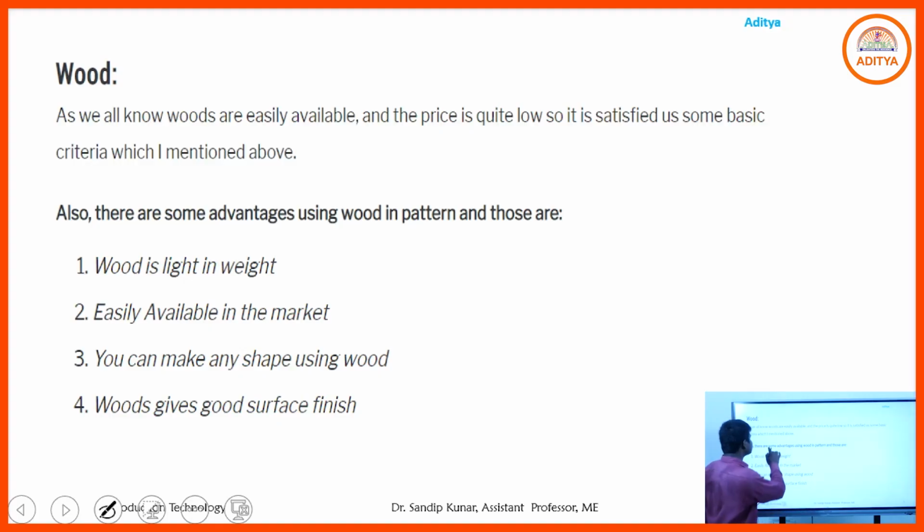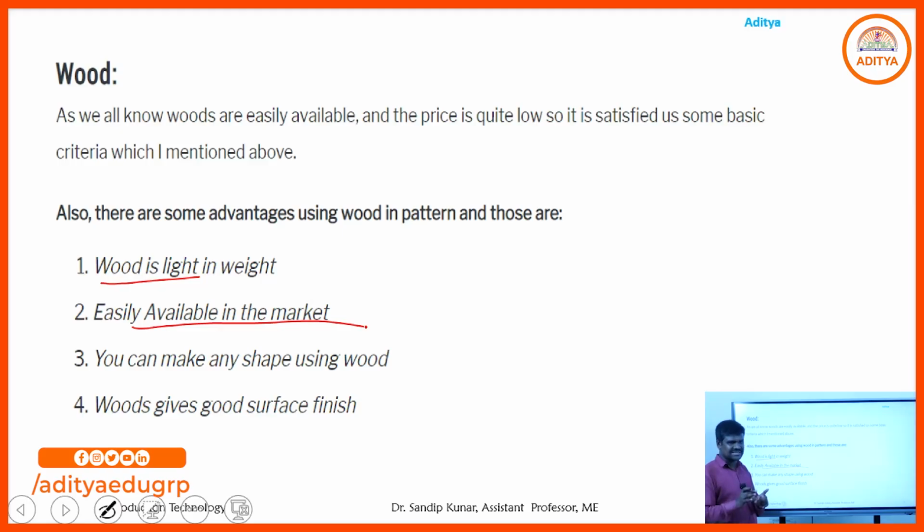Those are some basic advantages of wood. Wood is also light in weight, its cost is less, and any type of pattern shape can be prepared using wood. And fourth, some wood materials provide a very good surface finish.